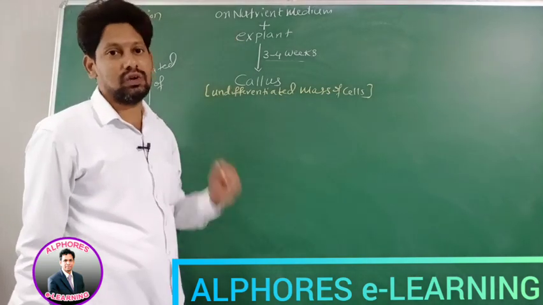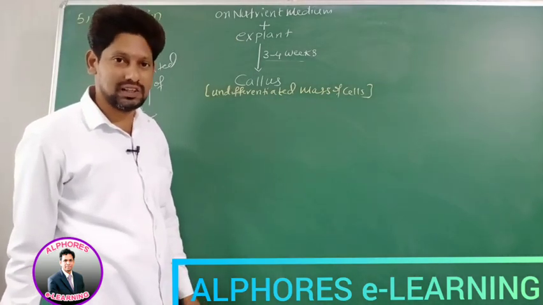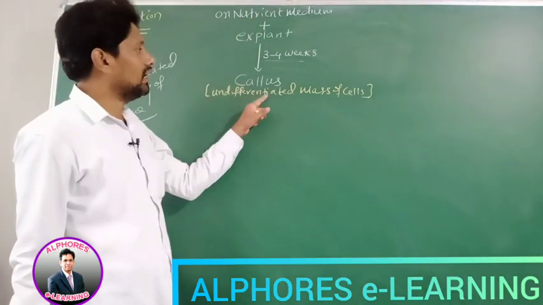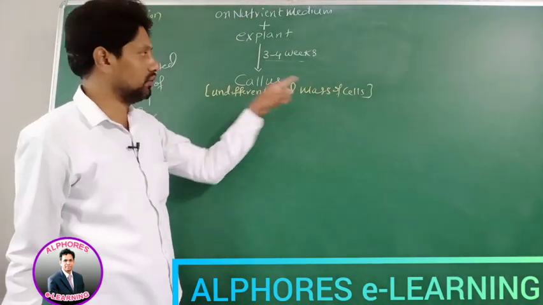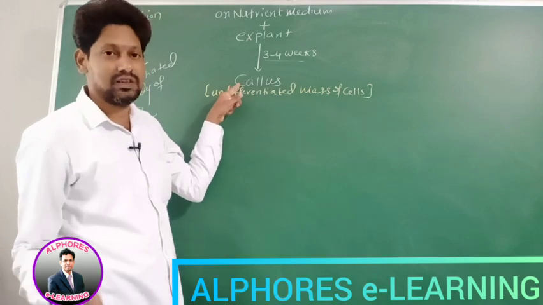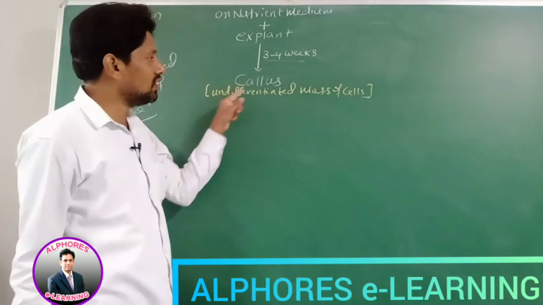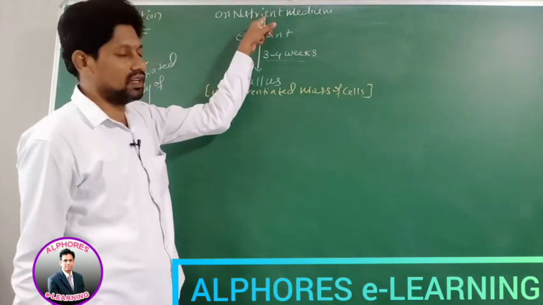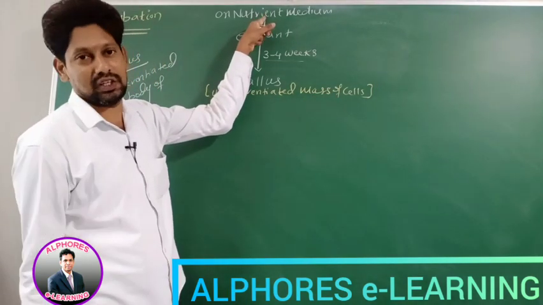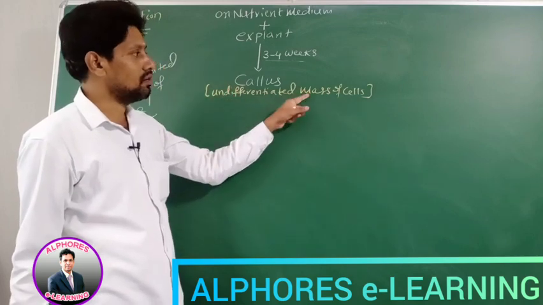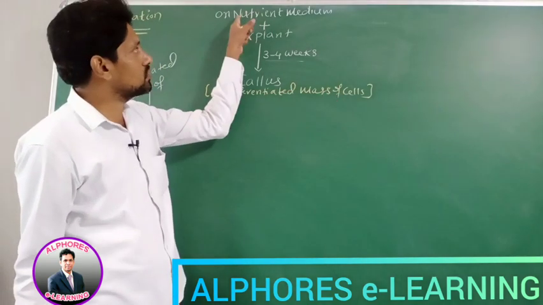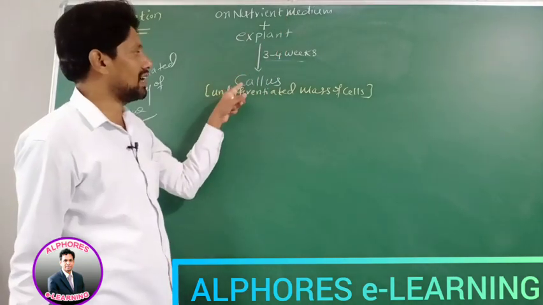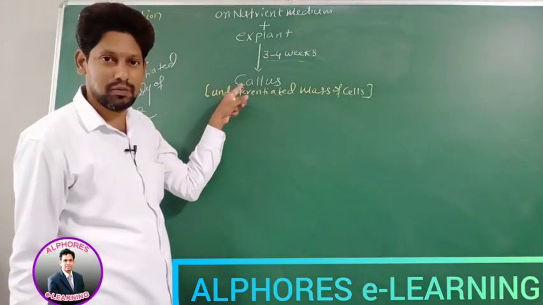During tissue culture, on the nutrient medium, an undifferentiated mass of cells is produced, called callus. Therefore, callus is an undifferentiated mass of cells produced on the nutrient medium during tissue culture. Is this statement okay?